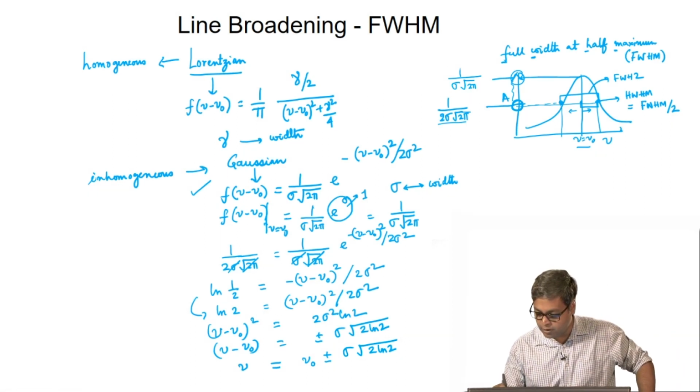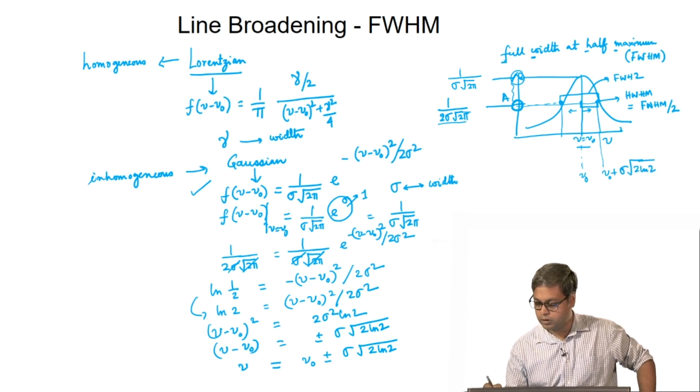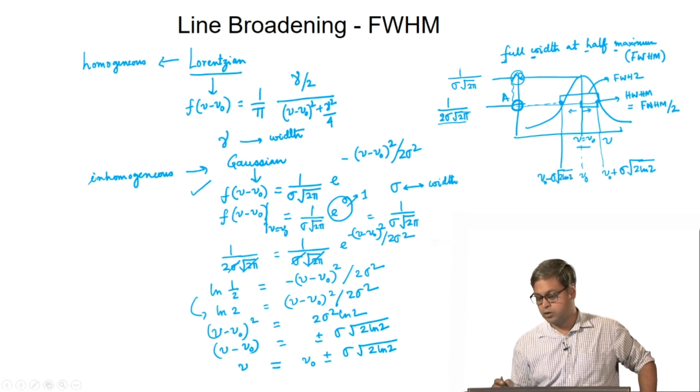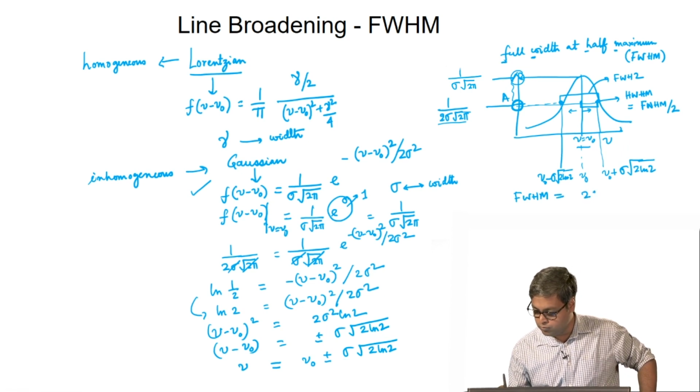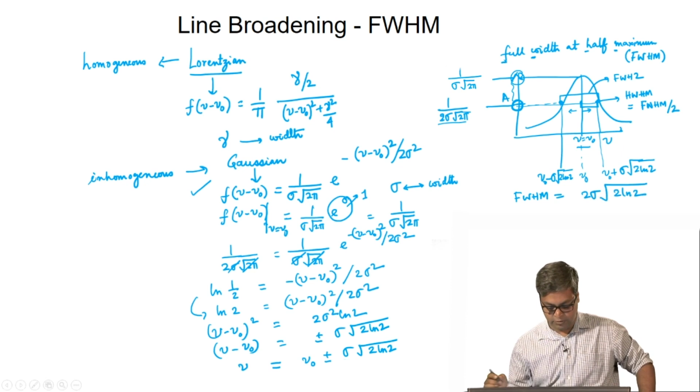So, I have nu 0. So, this frequency is nu 0 plus sigma root 2 ln 2, and this is nu 0 minus sigma root 2 ln 2. So, the full width half maxima equals 2 sigma root over 2 ln 2.